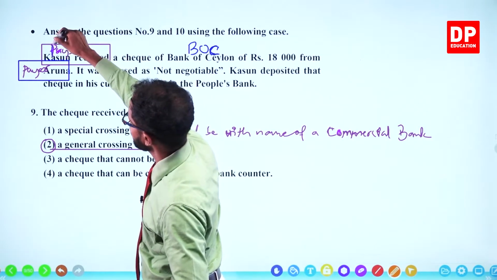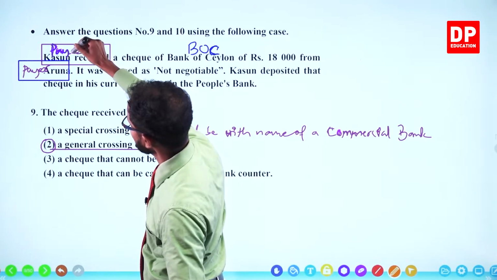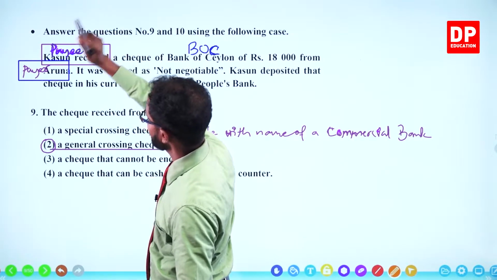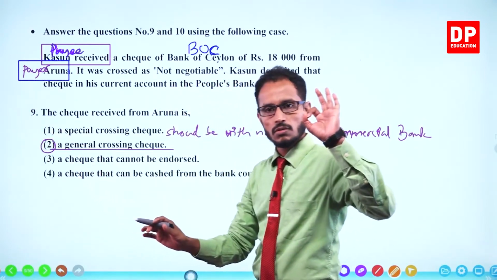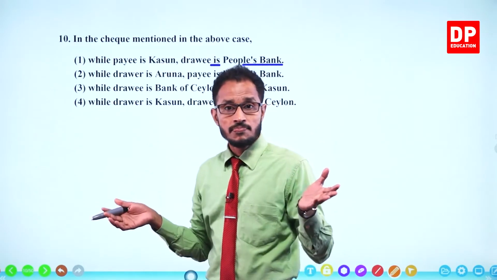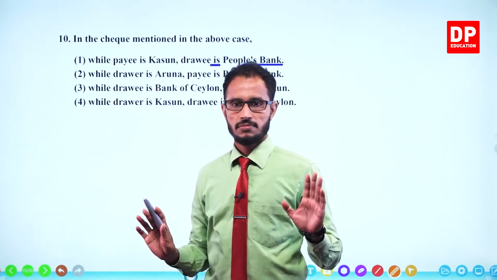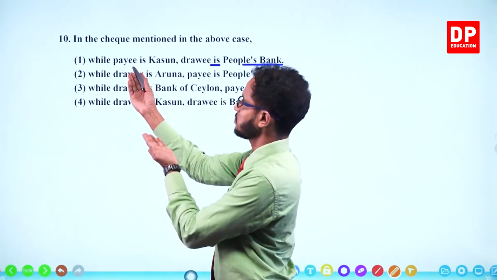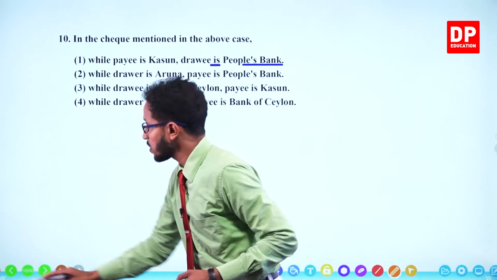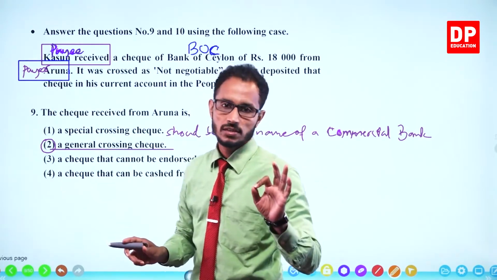To the payee, there is no other name. Payee is the payee. That is Kasun. But the payer, Aruna, is also known as the drawer.